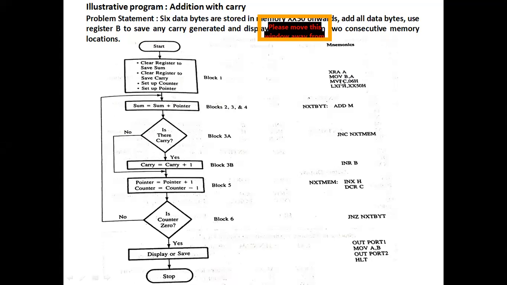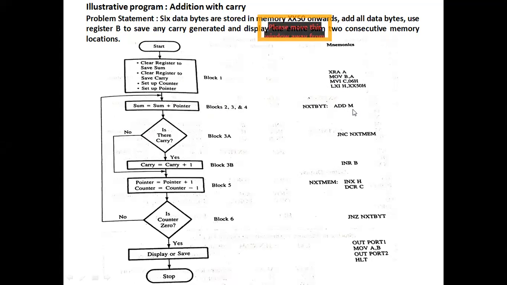So it means accumulator will be cleared. It will become 0. And this 0 will be copied in the B register, because B register will be used to store the carry. And C is used as a counter. So there are 6 numbers, so 6 will be loaded in the C. And pointer is 8050 or XX50, so 50 is loaded in the HL pair.